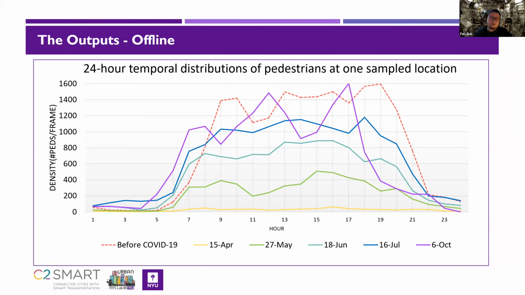You can see here the yellow to the green to the blue to the deep blue to the purple, as the time moves. And during the pandemic, most detected pedestrians in the processed video frames we checked may be essential workers, and this can serve as a potential explanation for the peak observed in this dataset.